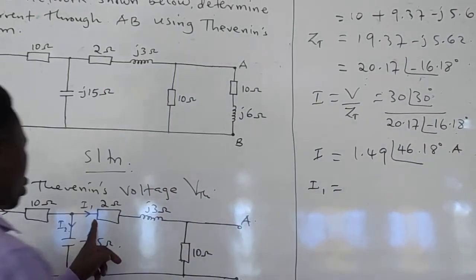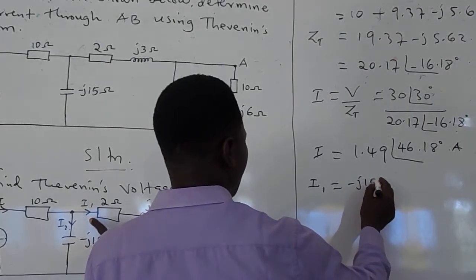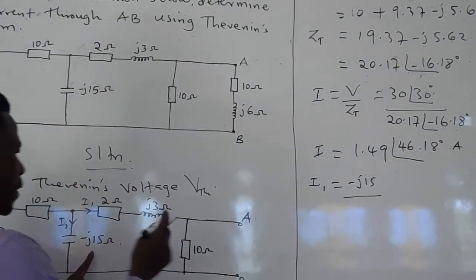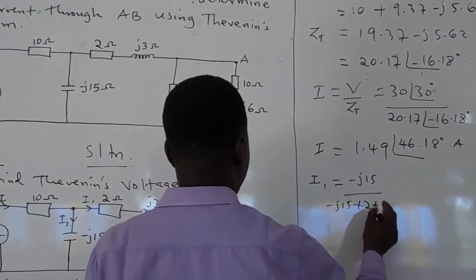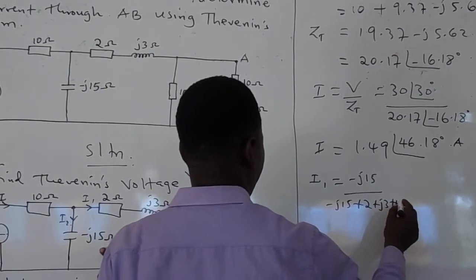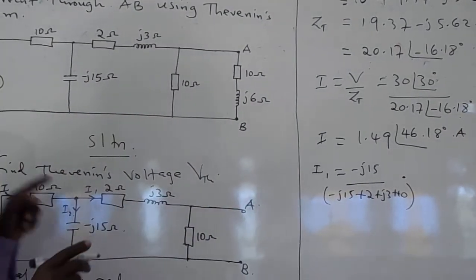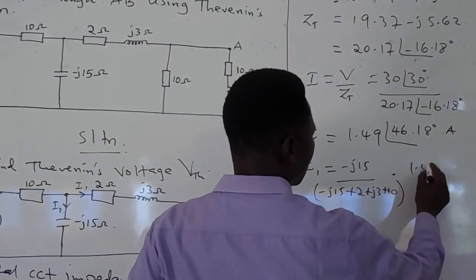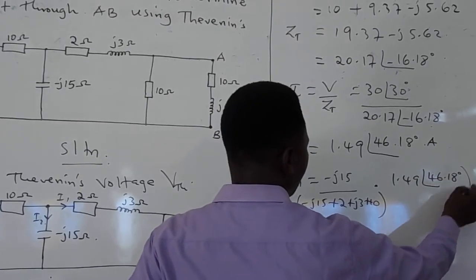will be equal to the opposite impedance, which is negative J15, all over the sum. The sum, that is negative J15 plus 2 plus J3 plus 10, times the current entering the junction. And the current entering the junction is 1.49 at an angle of 46.18 degrees.